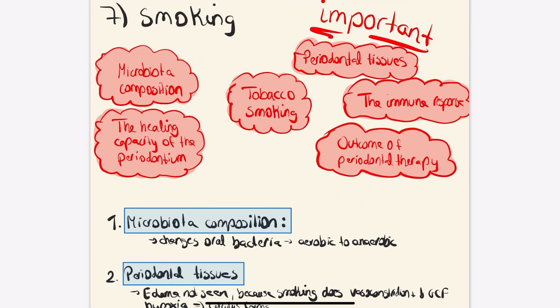Okay, smoking. Smoking is really important. We have unfortunately a lot of smokers. The smokers do have a different picture of periodontitis. So there are 5 points you have to look at: the microbiota composition, the healing capacity, the periodontal tissues, the immune response, and the outcome of periodontal therapy.